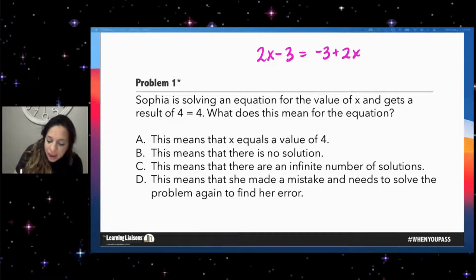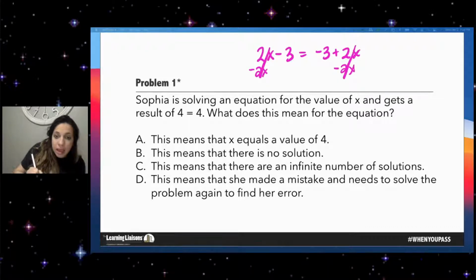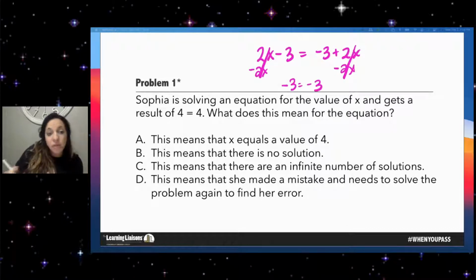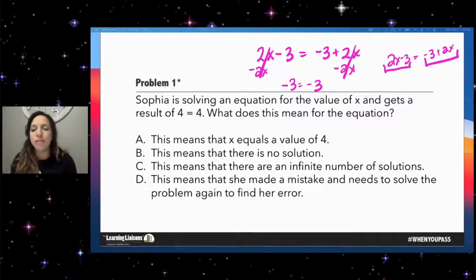So if I subtract 2x from both sides, I get -3 equals -3. But if we go back to that problem, 2x minus 3 equals -3 plus 2x. If we look at these values, really, they're the exact same thing.